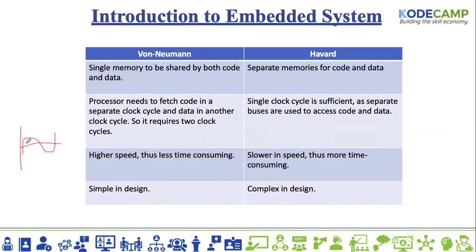So it uses its first cycle just to fetch code, which is in a separate clock cycle. That's what I mean by a clock cycle. And then this is a total of 180 degrees. We say it has met a complete cycle.